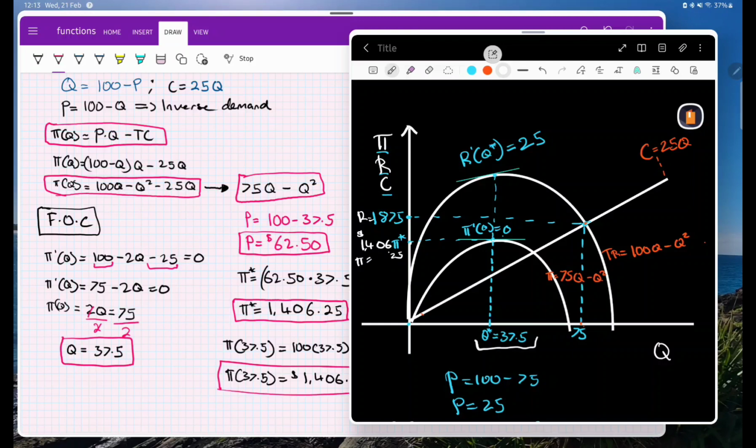So don't get them confused. Your profit isn't 1,875 if you produce 75 units, because that will drive your price down to 25. And you will actually make no profit at that point.